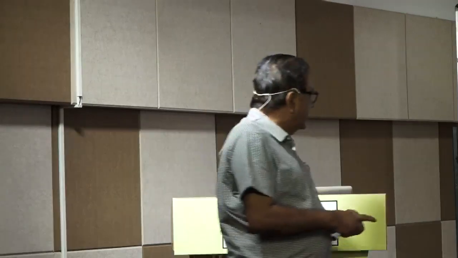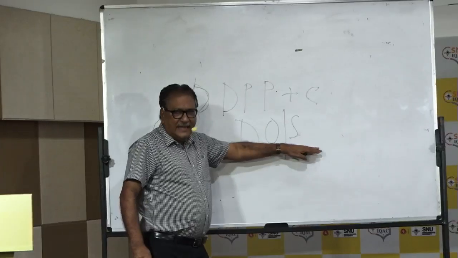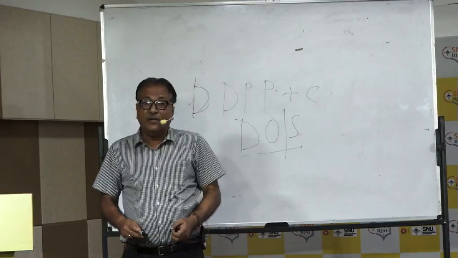O is for ordering. S is for scale. So D and O are called categorical data, and S is called scale data, or you can say non-categorical data.